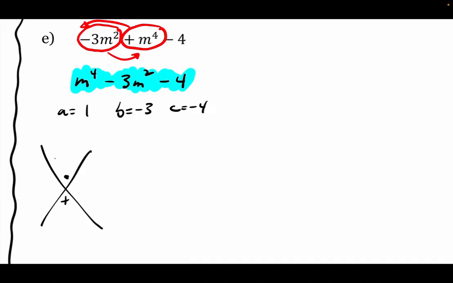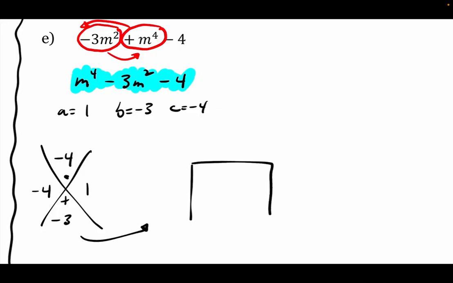A times C is -4. 1 times -4. -3 goes on the bottom. So the two numbers that multiply to be -4, but at the same time add to be -3. 1 times 4 and it's going to be -4 because that makes -4 when you multiply and -3 when you add.